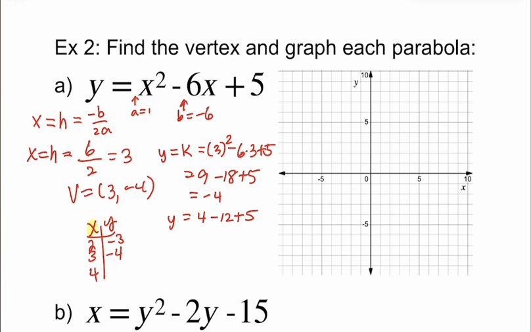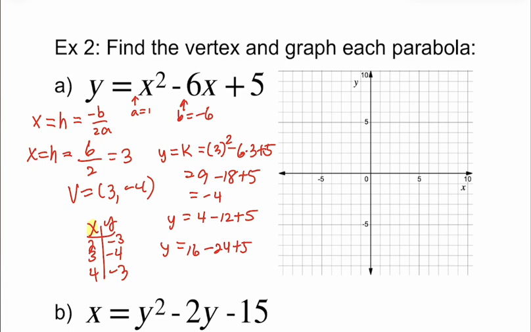If I don't, something's wrong. Okay, so let's plug in 4. 4 squared is 16. 6 times 4 is 24. 16 minus 24 is negative 8, plus 5 is, guess what, negative 3. So that verifies that our vertex has to be right, our two surrounding values are right, we are good to go.